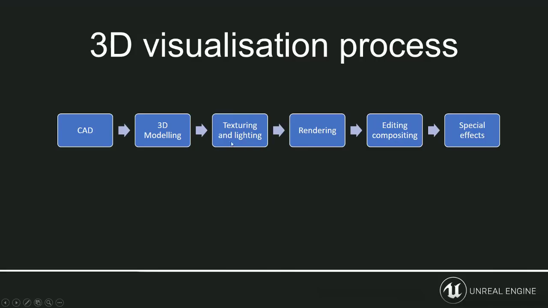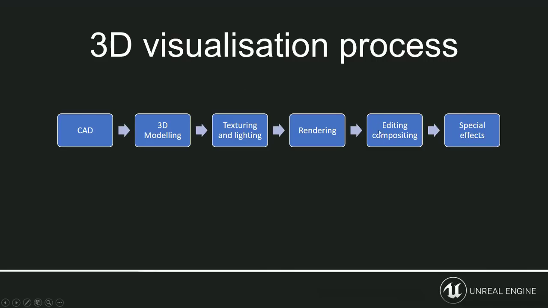Then we'll have to give texture and light to this project, and a lot of design decisions happen at that stage as well. Then that traditionally goes into another package like V-Ray, where we'll start rendering. Effectively we press the render button, and all that data gets sent over to the renderer, which then goes into another compositing package with special effects added on top.